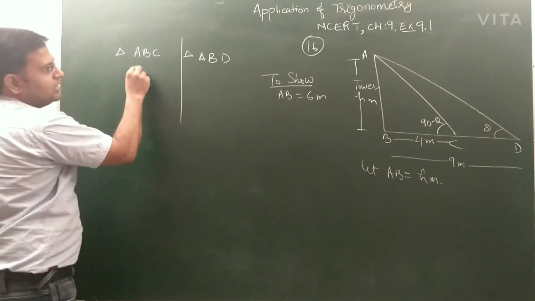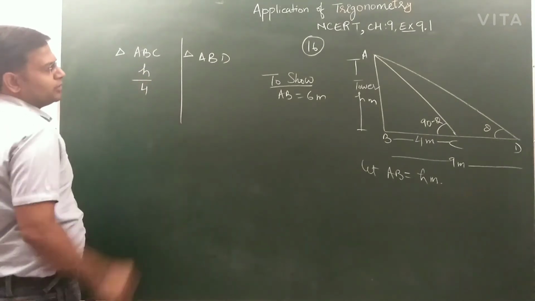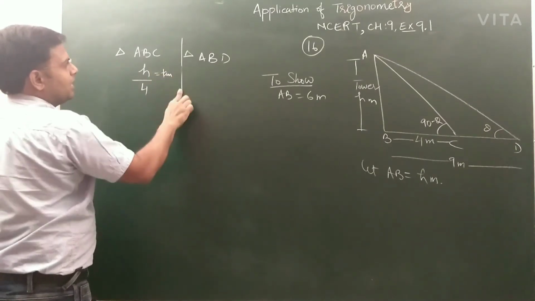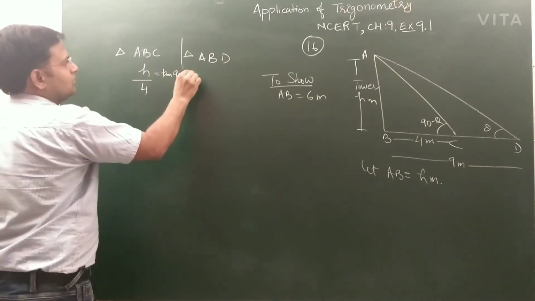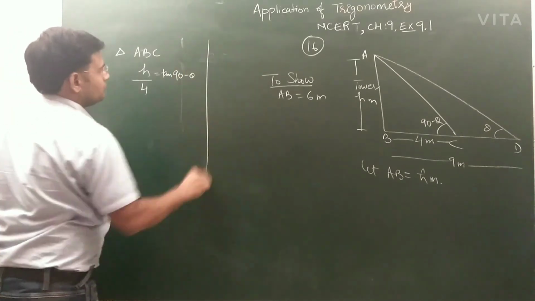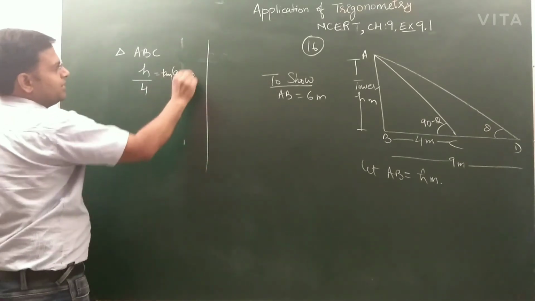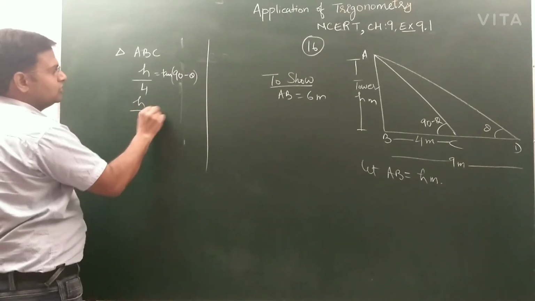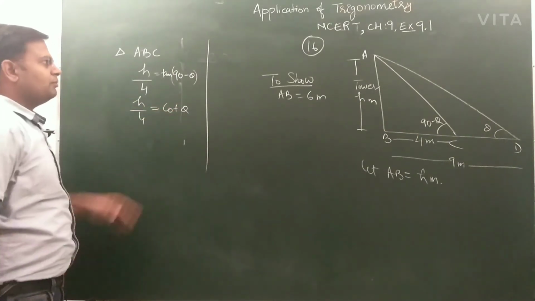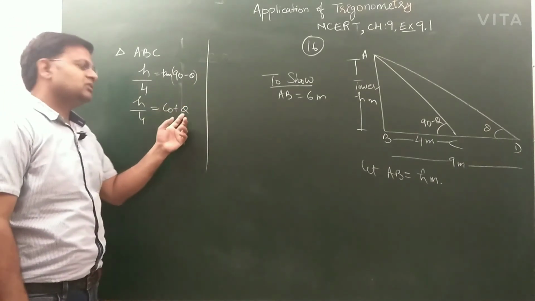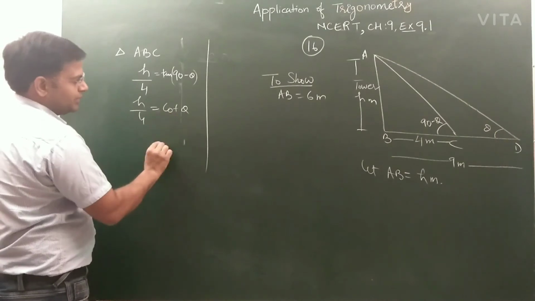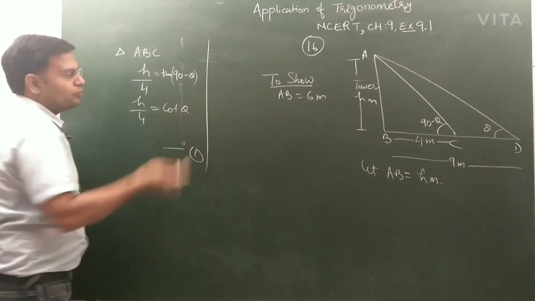In ABC, h upon 4, with angle 90 minus theta, simplifies to cot theta. You remember this formula: tan of 90 minus theta is cot theta. So h equals 4 cot theta. Mark this as equation 1.